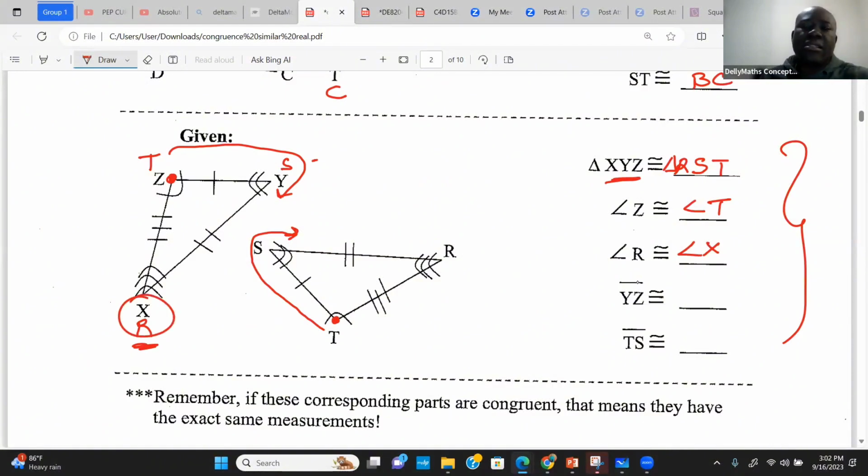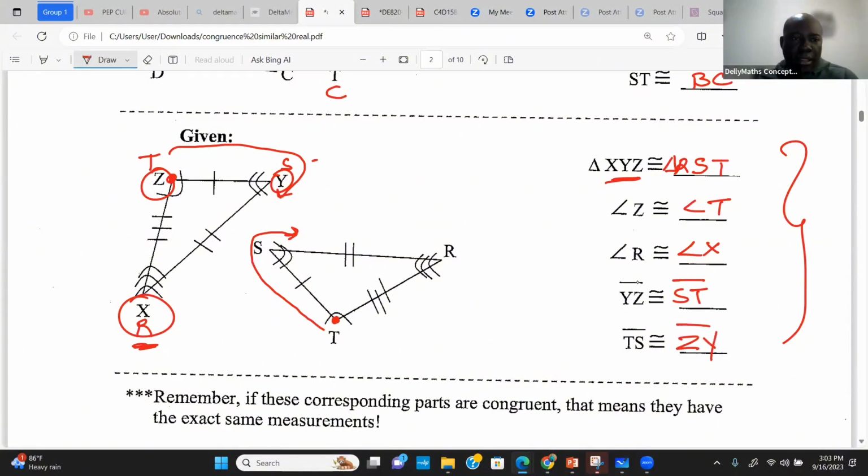The side length YZ, which is Y, hold on, YZ from Y to Z is the same as from S to T, right? So from Y to Z is from S to T. And then if I switch it around and said ST, I will have to switch this to ZY.